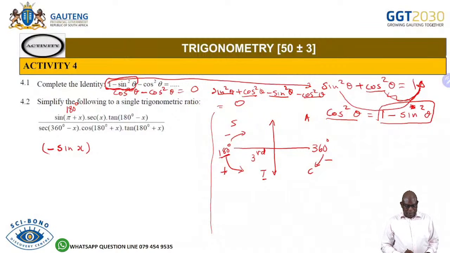The sec will remain sec. I want you to put everything in the brackets. Tan 180 minus. I go to 180 minus, falls in the 2nd quadrant. In the 2nd quadrant, there's no T. If there's no T, what do I do? I put a negative.